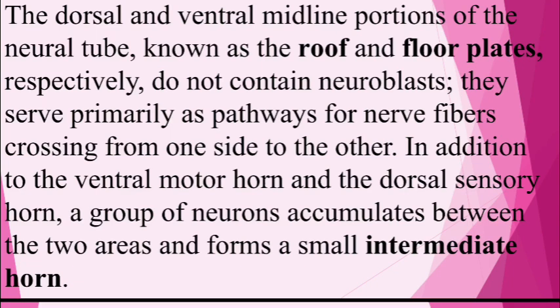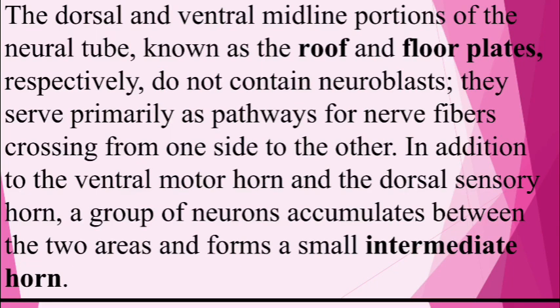This intermediate horn contains neurons of the sympathetic portion of the autonomic nervous system. You find it present only at the thoracic region, T1 to T12. That's the region of the 1st to 12th thoracic vertebrae, and also at the upper lumbar levels. That's the level of the 2nd and 3rd lumbar vertebrae.